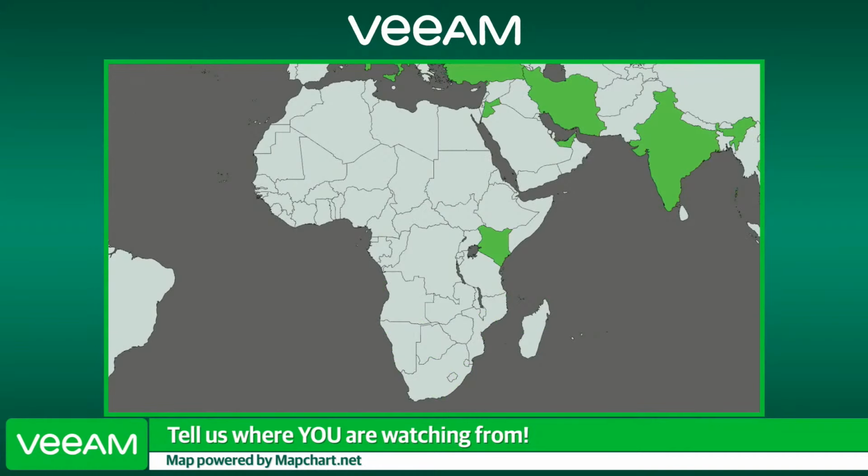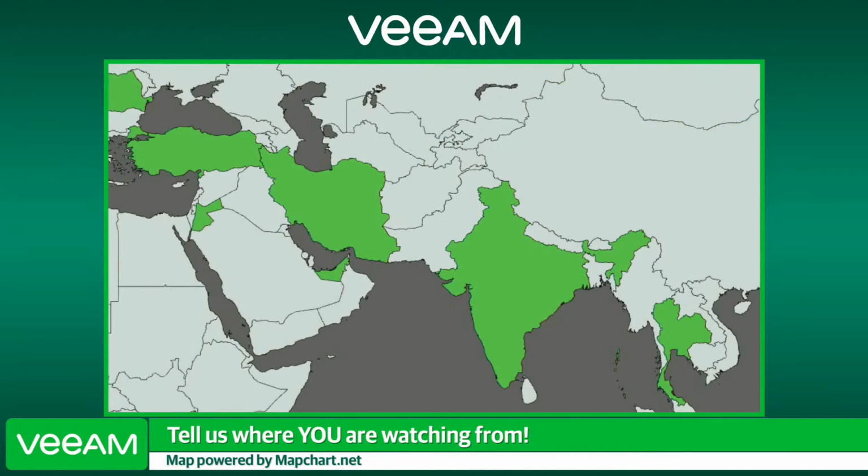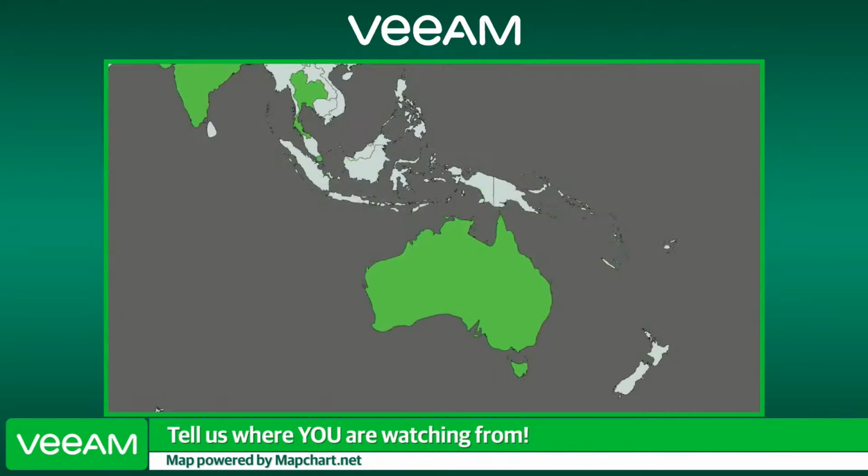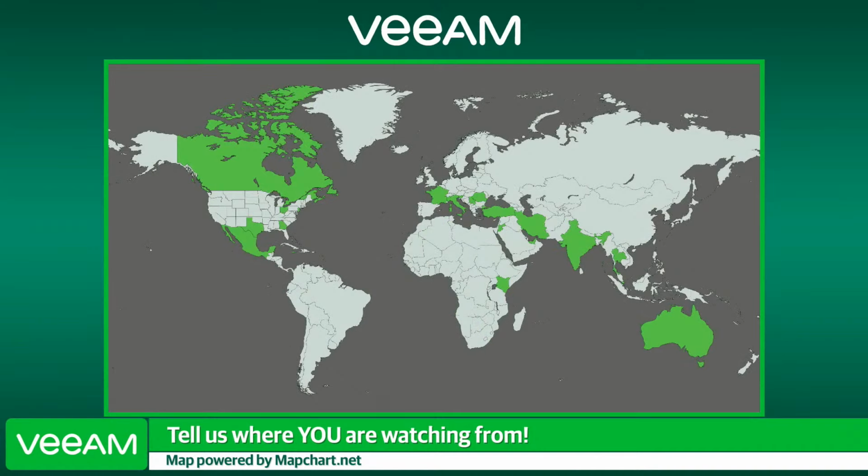And if we move on to Africa, we've got Kenya, UAE, Iran, and then finally rounding it out with India, Singapore, and Thailand. So everybody be sure to drop where you're from in the comments. And hey, Australia, I think you were the first ones online today. Drop where you're from in the comments and we'll come back and look at the map again.